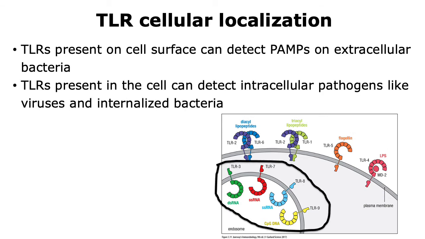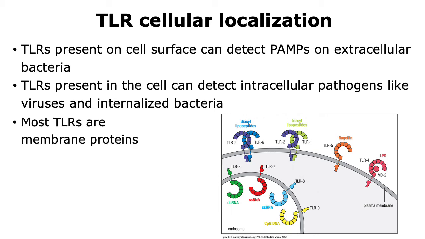You can have toll-like receptors that are present on the endosomal membranes, which are inside the cell. And these toll-like receptors are able to identify intracellular pathogens that are in the endosomes, and these include viruses and internalized bacteria.